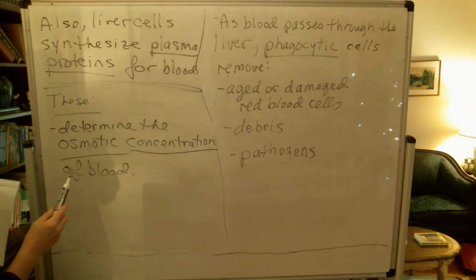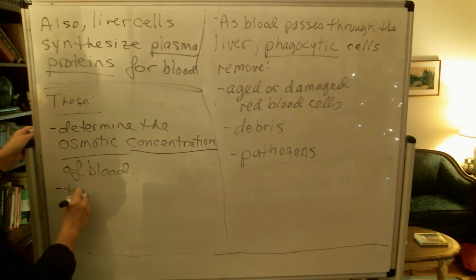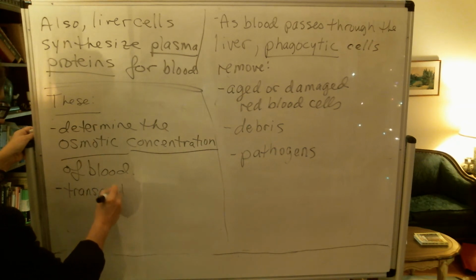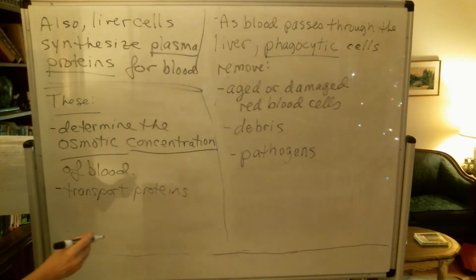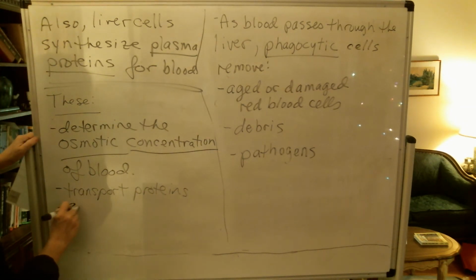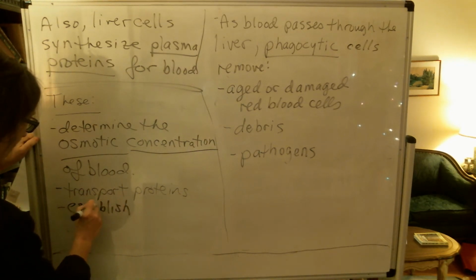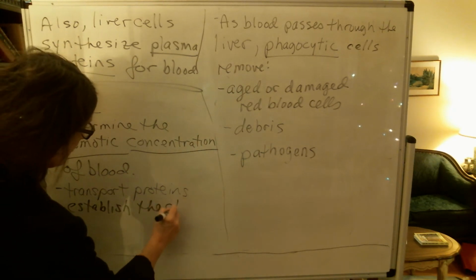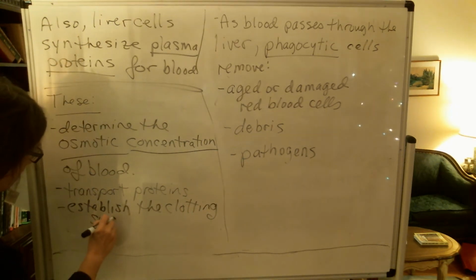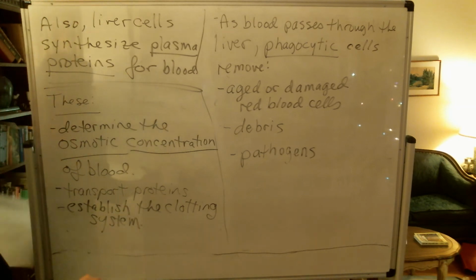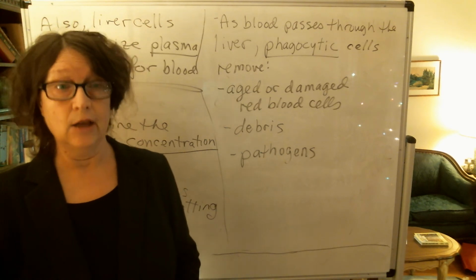So what else do these plasma proteins do? Well, they also, different ones then, transport proteins. They also establish the clotting system. There are some blood proteins that are intimately involved in helping your blood to clot.